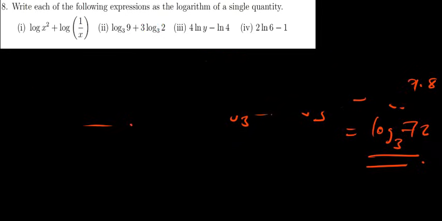If I look at the third one, try to pause the video, try to work it out. We can clearly see that we have got ln y. The property of log allows us to shift this to become in front, or to become a power. So it will be power 4 minus ln 4.